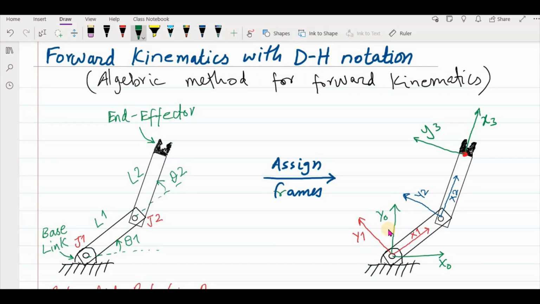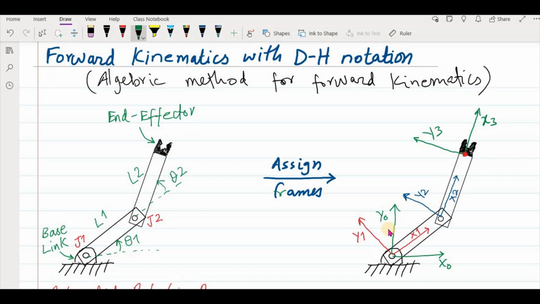There is no rotation, so it looks almost the same, but there is only a translation between these two frames. So now we have assigned the frames.